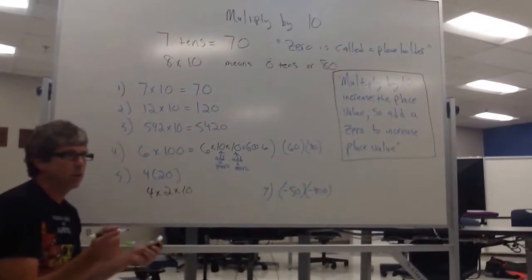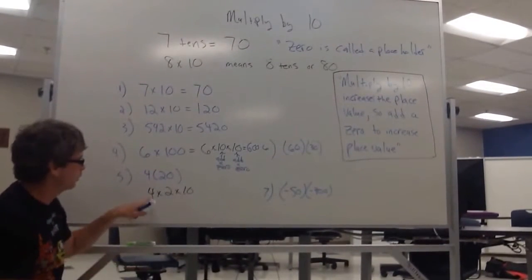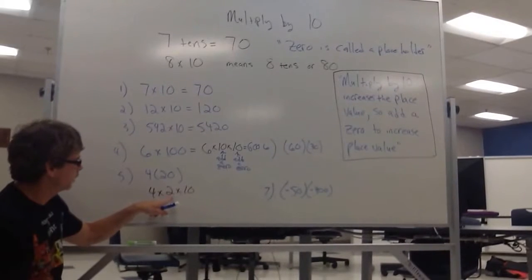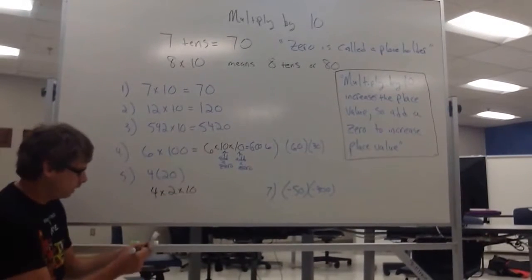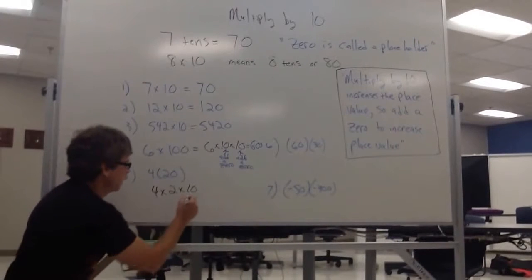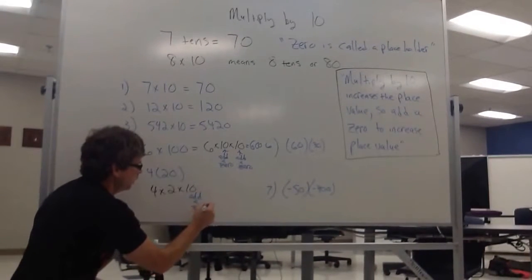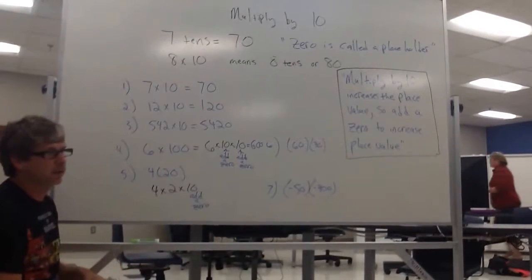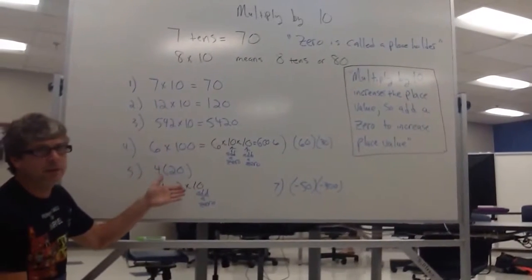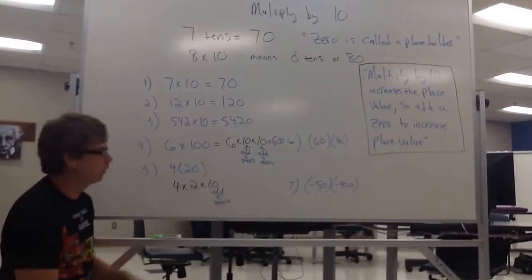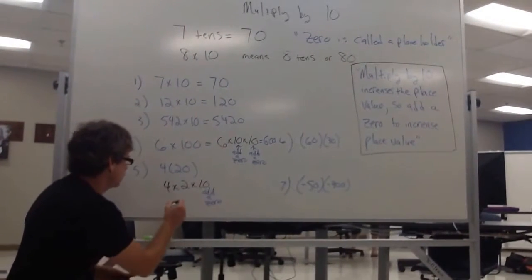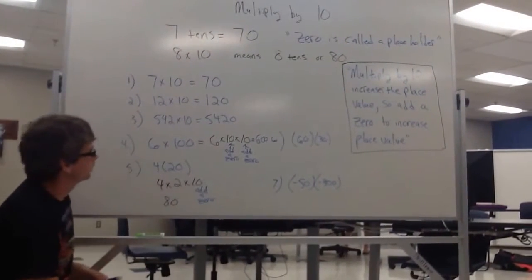Now, in multiplication, you can multiply in any order you want. So I can just simply say, well, 4 times 2 is 8. And then I know that multiplying by 10 essentially means to add a zero. So really, the only math that's involved is multiplying 4 times 2. You know multiplying by 10 essentially is going to just add a zero to the problem. So that's going to give me my answer, 80.